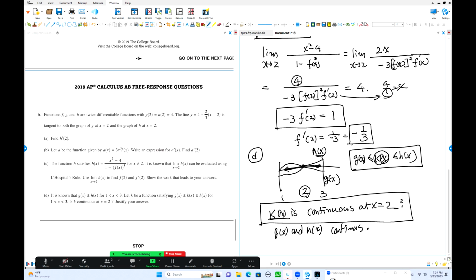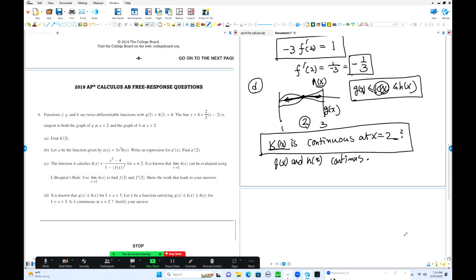That's right, because over here we can use this theorem: k(x) is greater than or equal to g(x), but less than or equal to h(x).